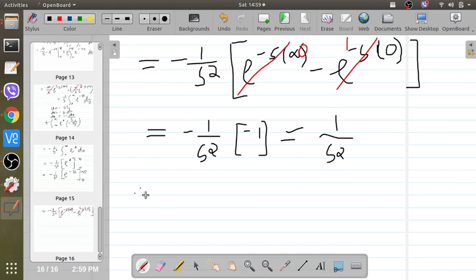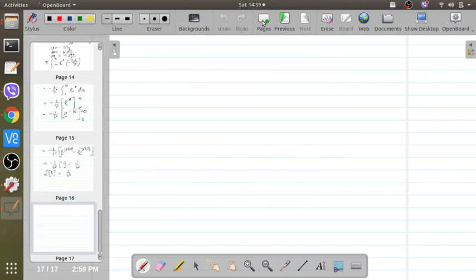Therefore, the Laplace transform of t is 1 over s squared. So, next example. Find the Laplace transform of t squared.